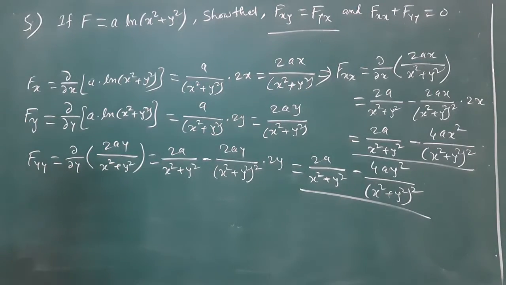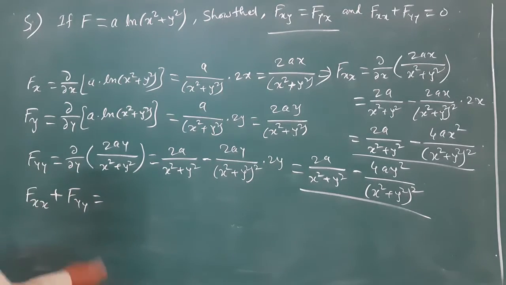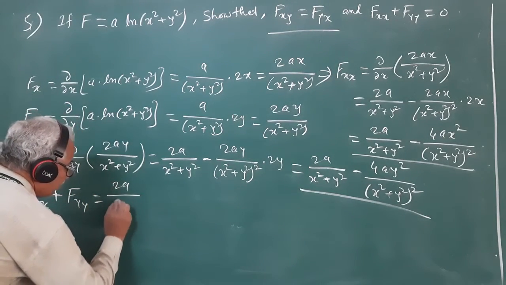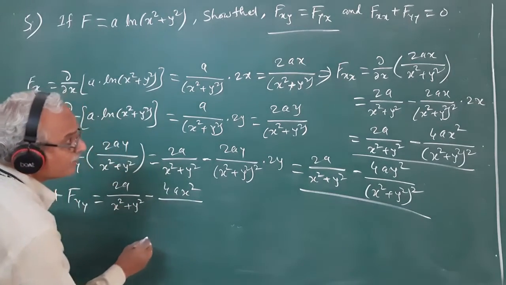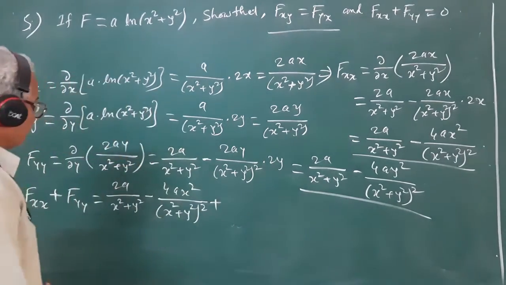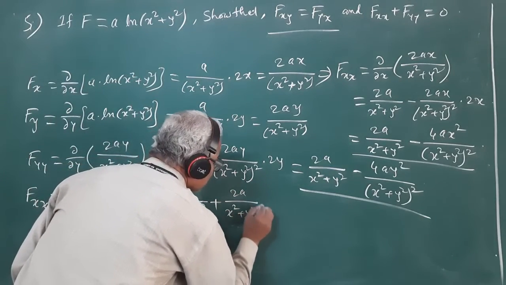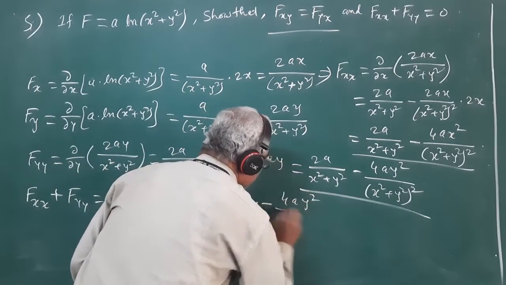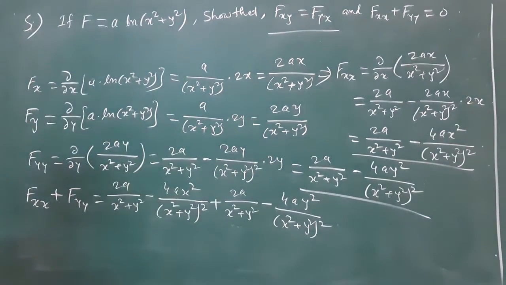Now taking the addition of these two expressions, fxx plus fyy is equal to 2a divided by x² + y² minus 4ax² divided by (x² + y²) whole square, plus 2a divided by x² + y² minus 4ay² divided by (x² + y²) whole square.